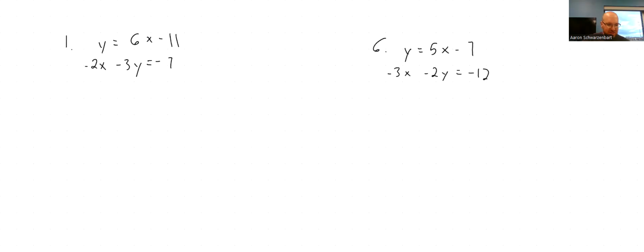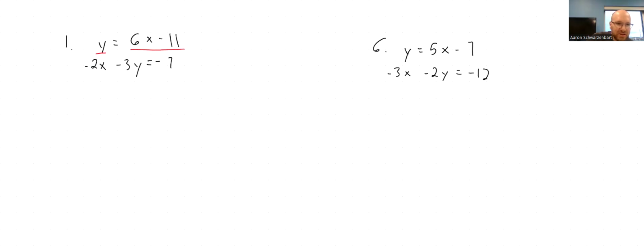Okay, these are some examples from your worksheet on solving systems of equations by substitution. The key thing here is I'm going to substitute in for one variable. I have this nice variable y isolated here, and it equals 6x minus 11.